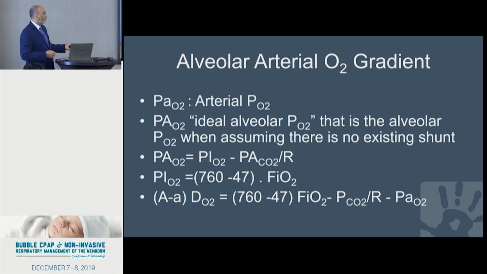And then the A gradient would be that 713 that you inspired minus the PO2 on the arterial side, but also minus the carbon dioxide that is accumulated in the alveoli, that is PCO2 divided by the respiratory quotient. So at the end, when you are inspiring 100% oxygen, minus 50 for CO2 divided by RQ, that is 50, minus PO2 of 50, you end up having an A gradient of 600 plus, and that's a baby who really can be a candidate for ECMO, who's on 100% oxygen, whose PO2 is only 50.